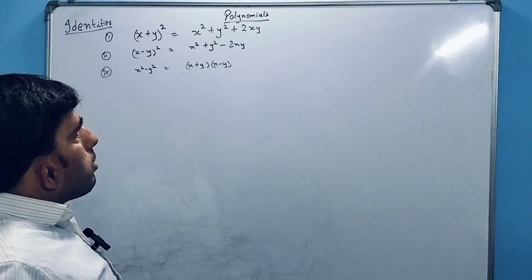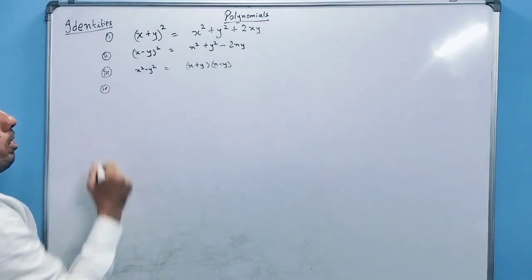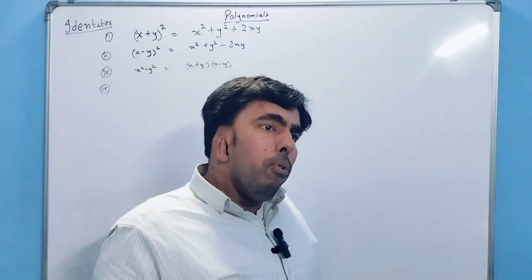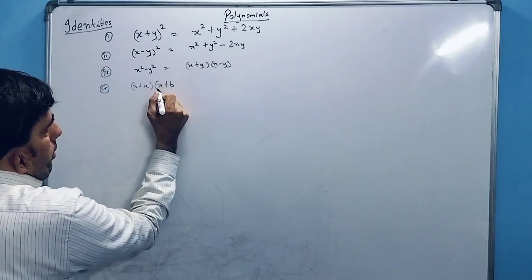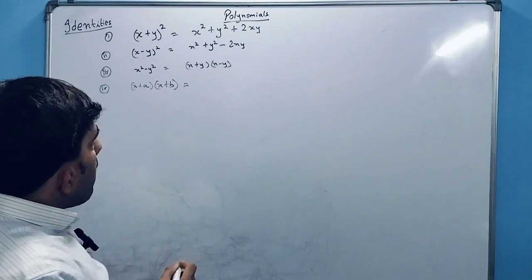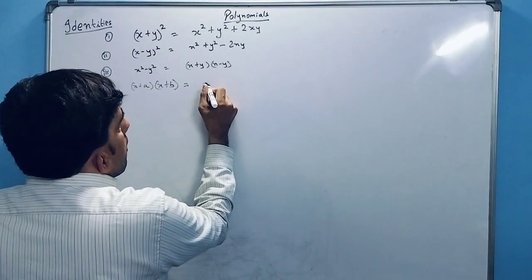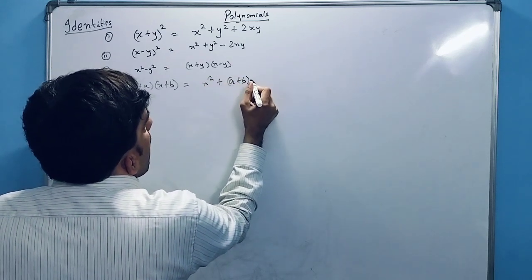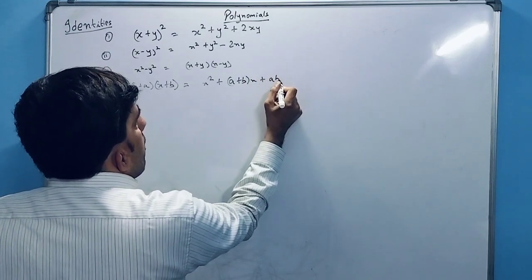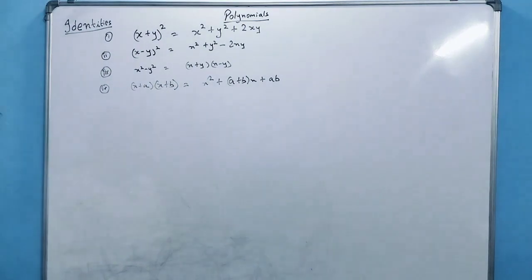Now the fourth identity is (x plus a) times (x plus b), which is x square plus (a plus b)x plus ab. So these are the four identities we have.